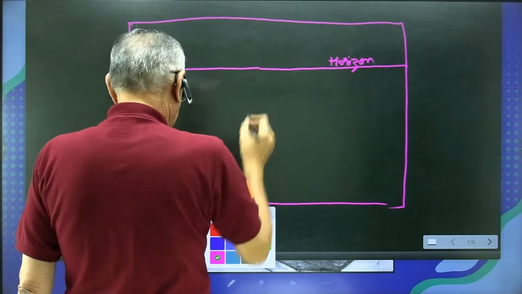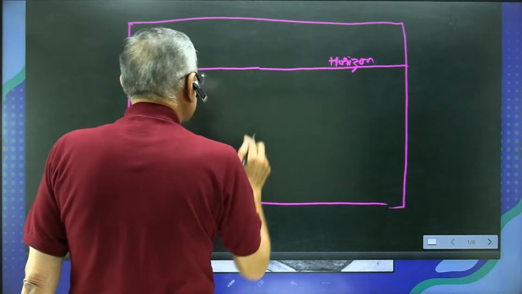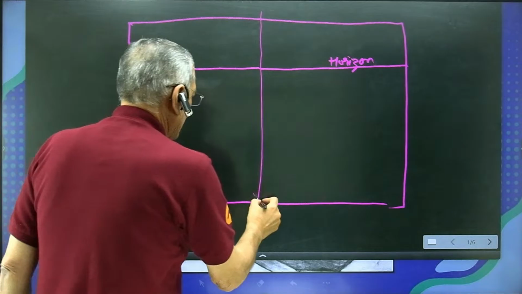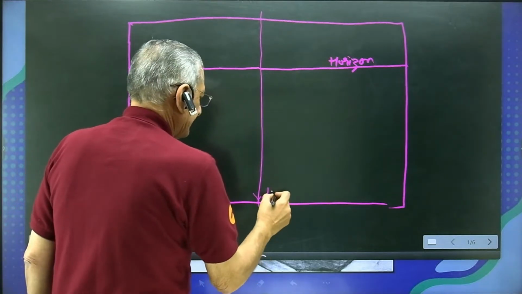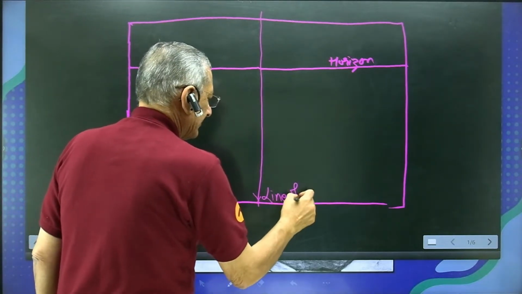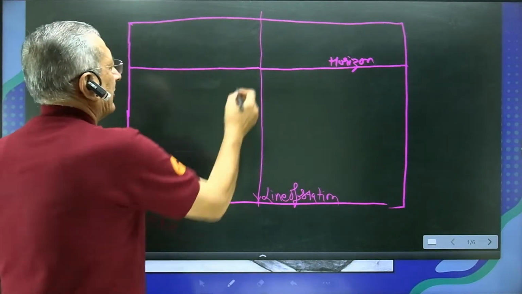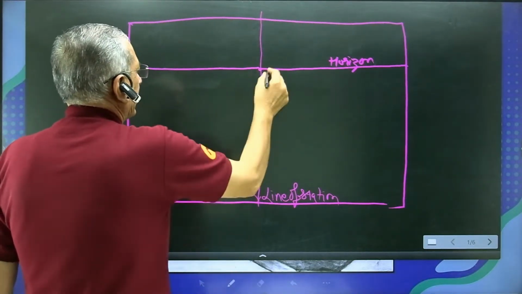Let's say that this is our line of station. Wherever they intersect is the vanishing point.